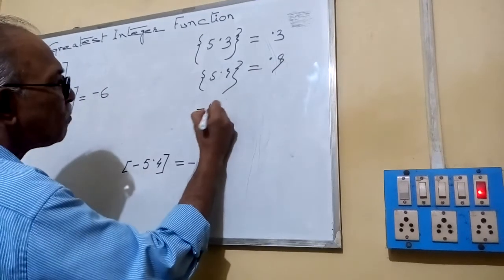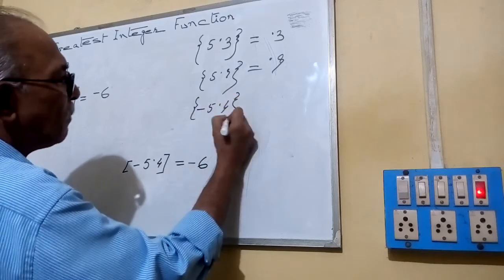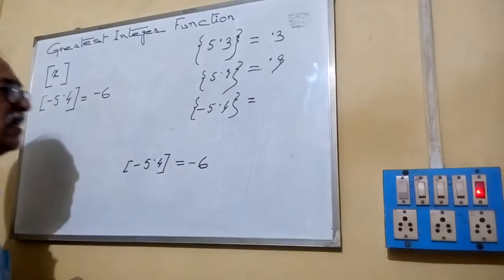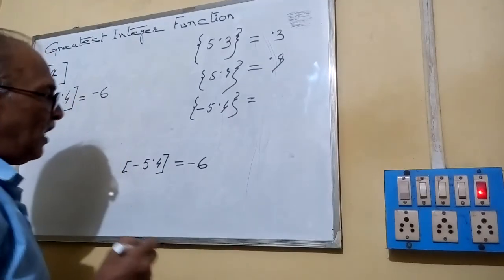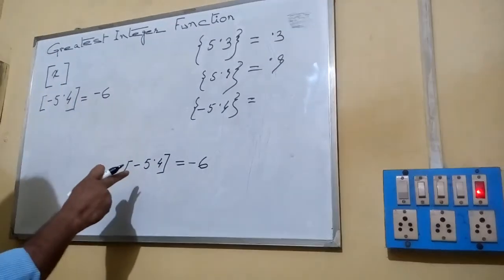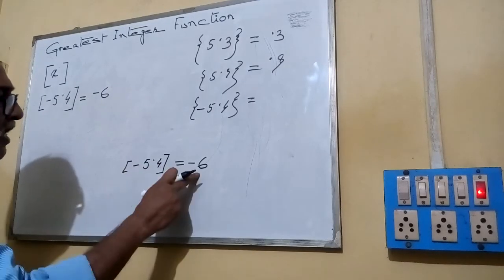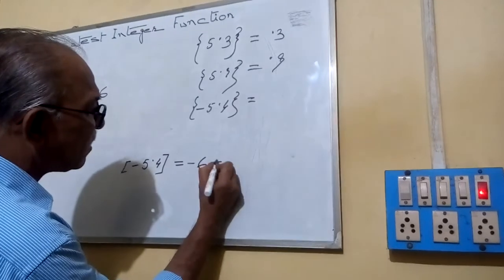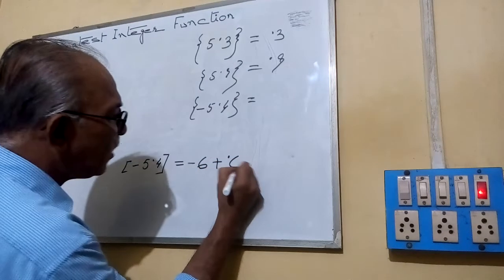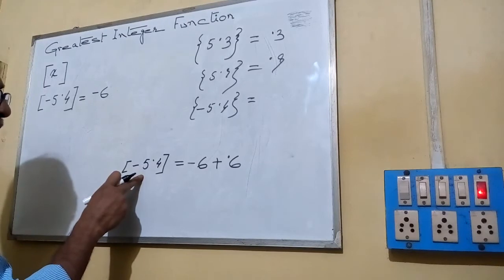But for minus 5.4, what will be the decimal part? Here it is not 0.4. As we have shown, minus 5.4 has integral part minus 6. So minus 6 plus 0.6 gives us minus 5.4.